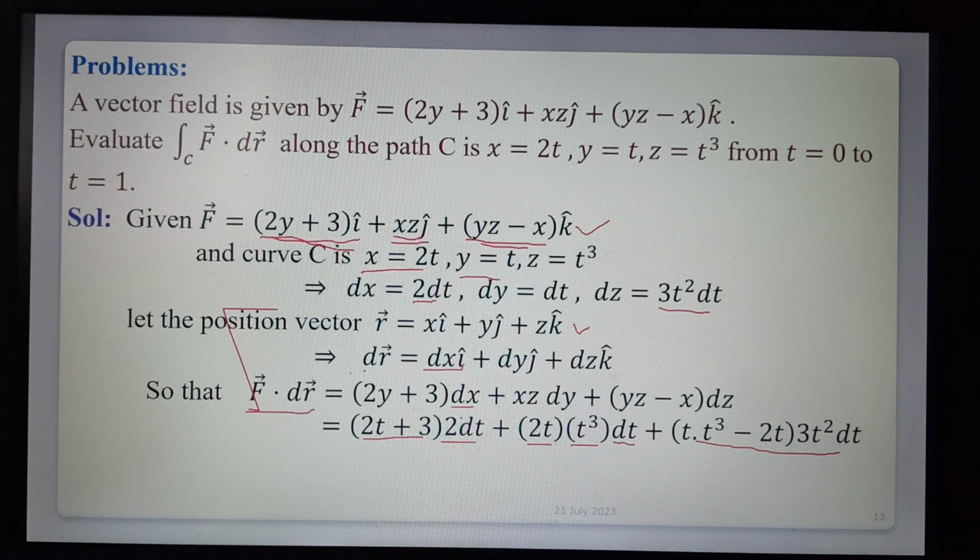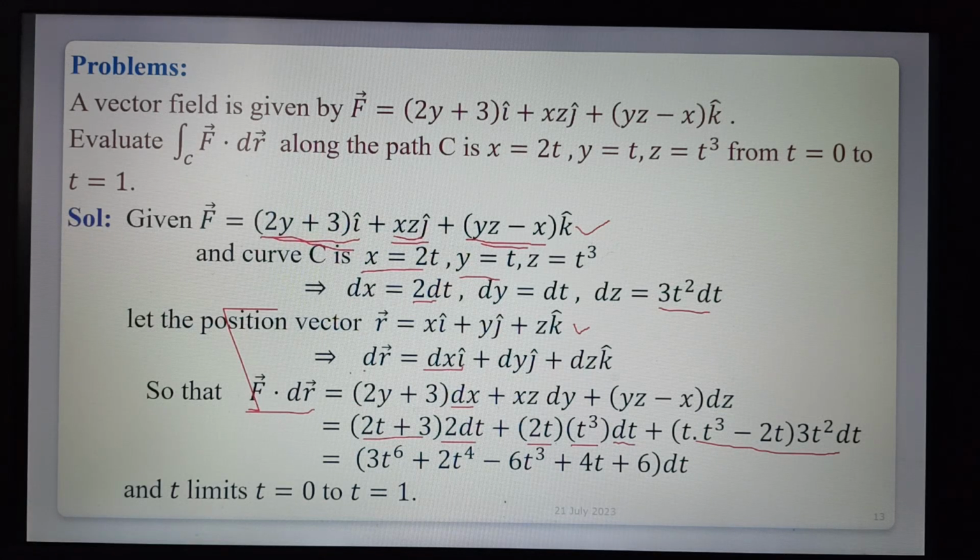Now simplification, take the common dt. After taking the common dt and simplifying: 3 t power 6 plus 2 t power 4 minus 6 t cube plus 4t plus 6. And the t limits here are 0 to 1.